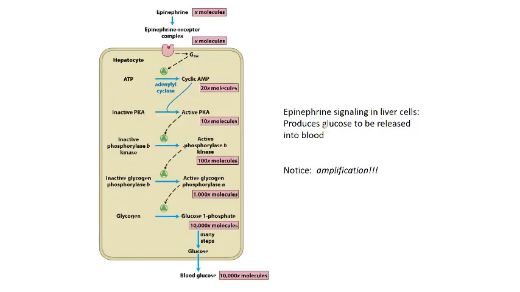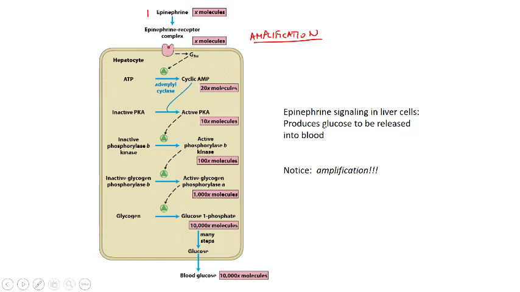All right. An important aspect of cell signaling that you see in most but not all signaling systems is amplification. So what's amplification? Let's take a look at the process that happens throughout this entire cell signaling pathway. Let's say that we have one molecule of epinephrine binding to an epinephrine receptor at the surface of our cell.